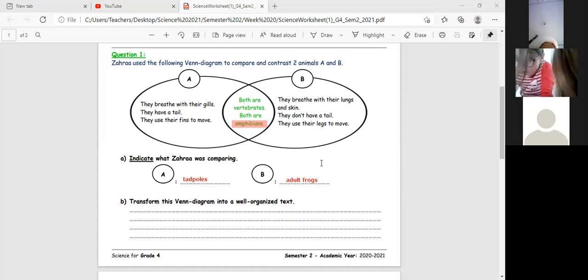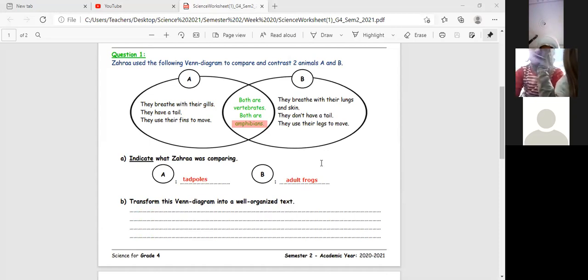Okay, guys, for the last time, please don't unmute yourself if I did not call your name. Please keep muted. Thank you, Lana. Yalla Ali. Zahra compared a tadpole to an adult frog.